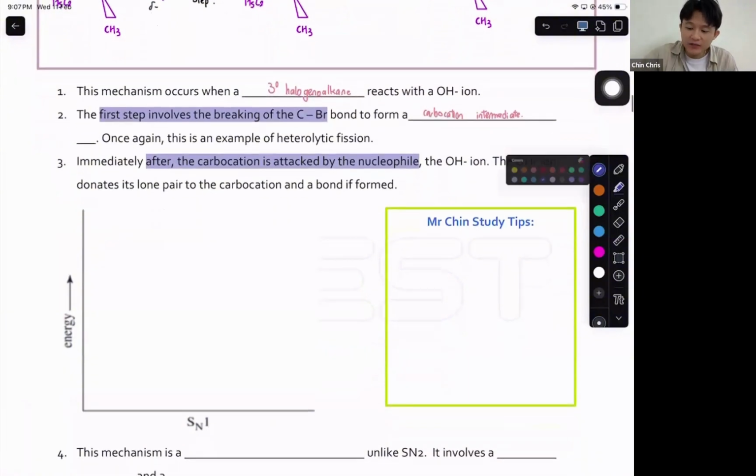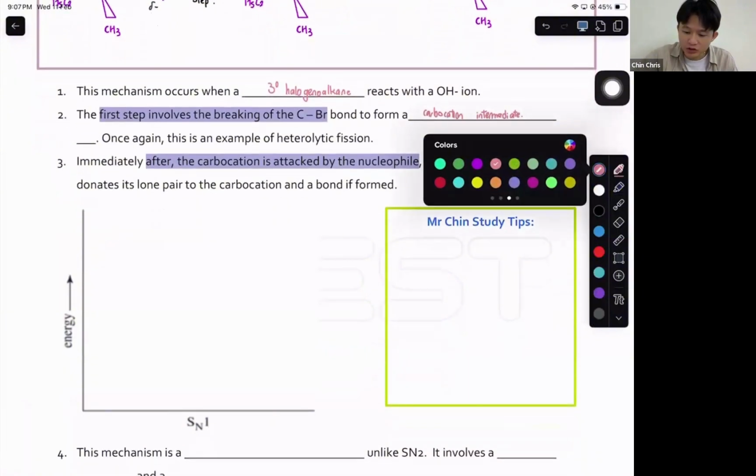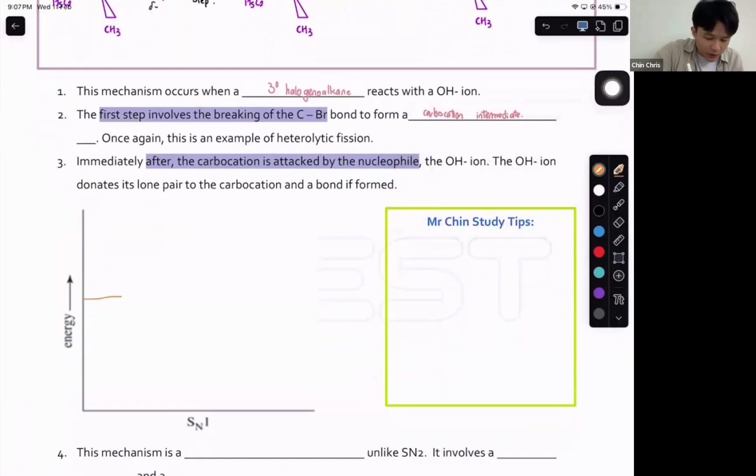Alright guys, as for the graph, it does look something like that. We have a two-step reaction. 1, 2.